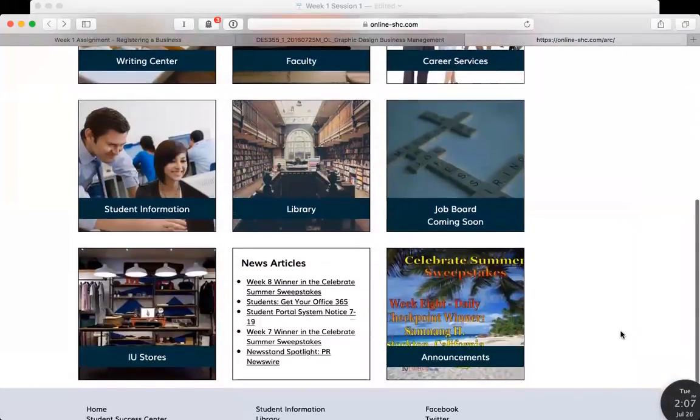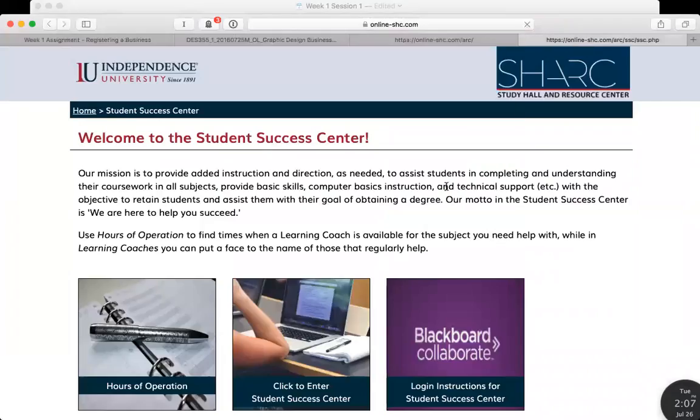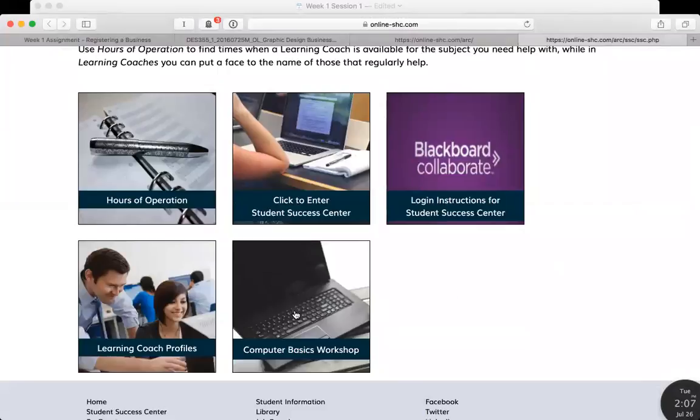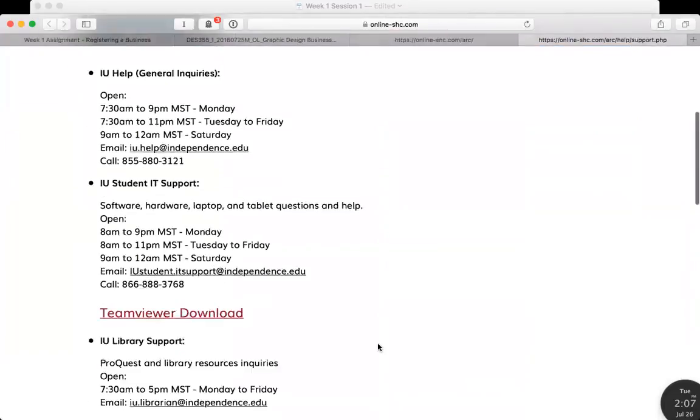But the other thing I wanted to show you, where on earth did they move it to? Okay, I think it's in this help section. Or no, maybe not.